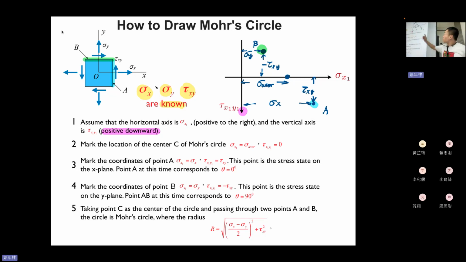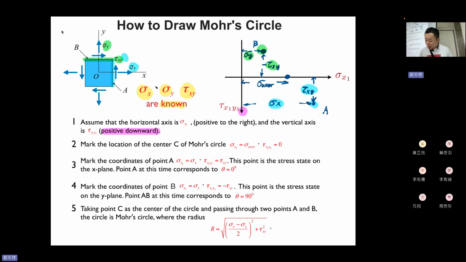So now your point B in the circle space represents the real world plane B. So you use these three values, sigma y, minus tau xy, and sigma x, tau xy, to locate planes A and B. And you notice that they are naturally 180 degrees away from each other in circle space.